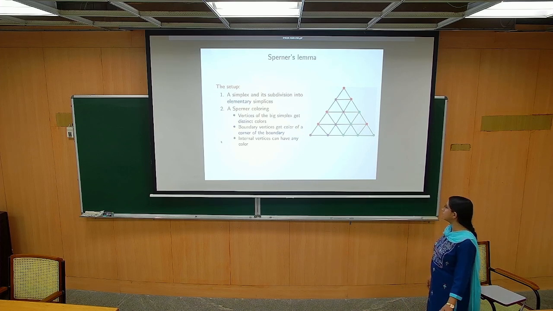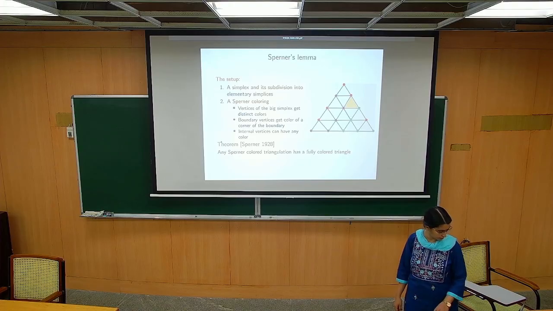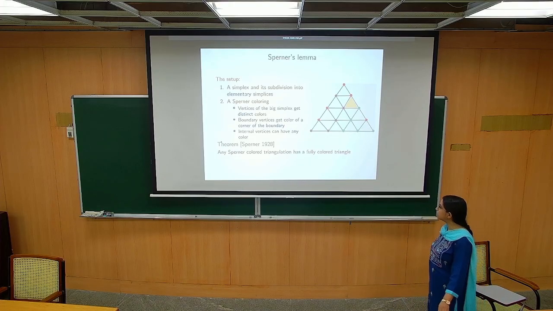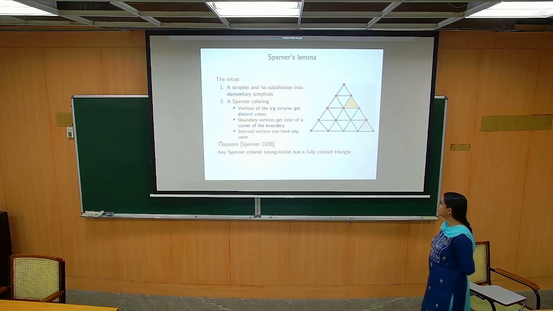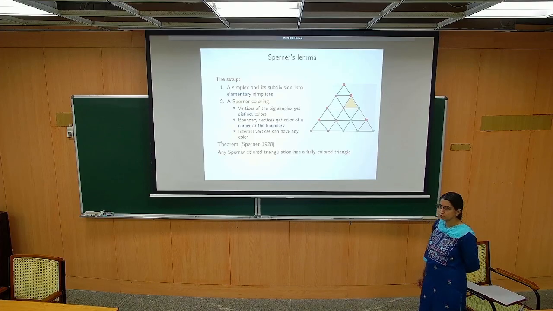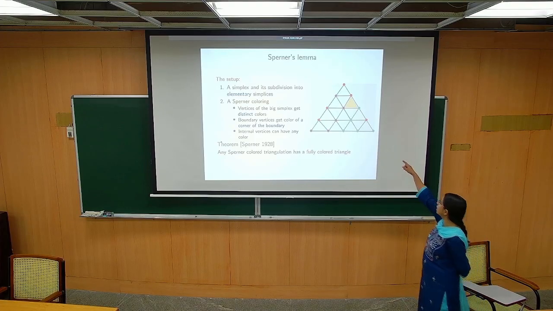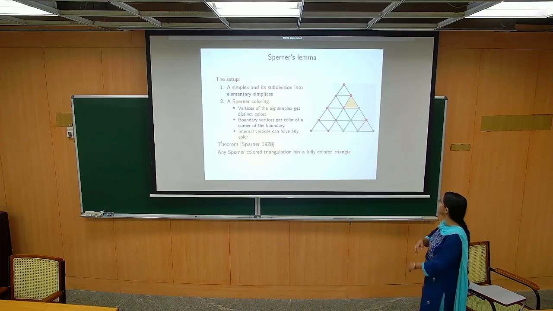And this is a valid Sperner coloring. Now what Sperner's lemma says is that any Sperner colored triangulation has a fully colored triangle, meaning all three vertices of that triangle get a different color. Here I have highlighted one. You can possibly find more if at all. There is at least one.